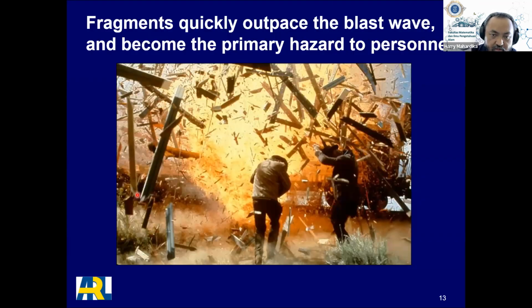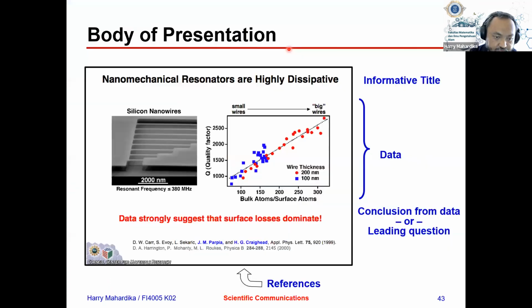This one also has an eye-catching figure to inform about the fragments due to the explosive. And this is also an example of how we present our body of presentation in a concise and simple way.